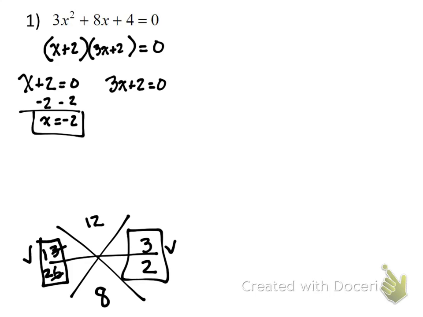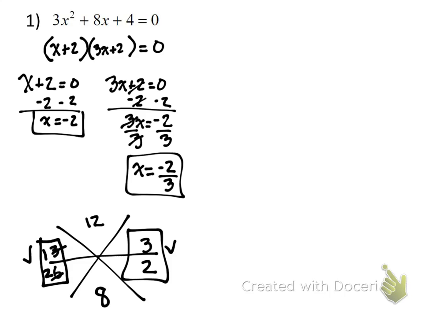Second answer, you subtract 2 from both sides. 2's cancel out. We get 3x is equal to negative 2. Divide both sides by 3. 3's cancel out. X is equal to negative 2/3 as your second answer.